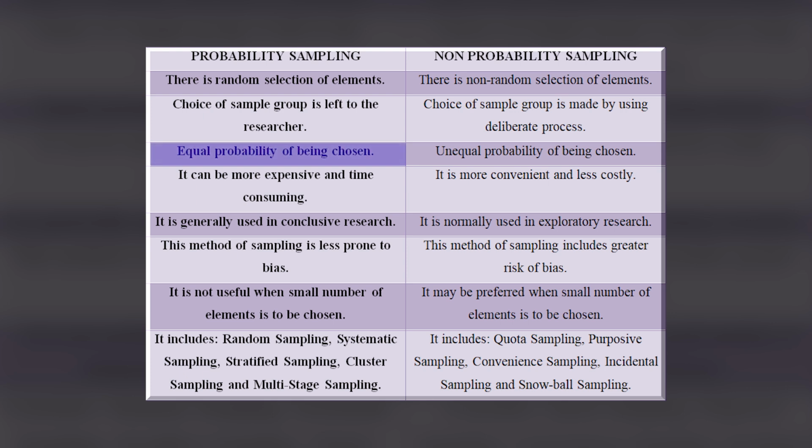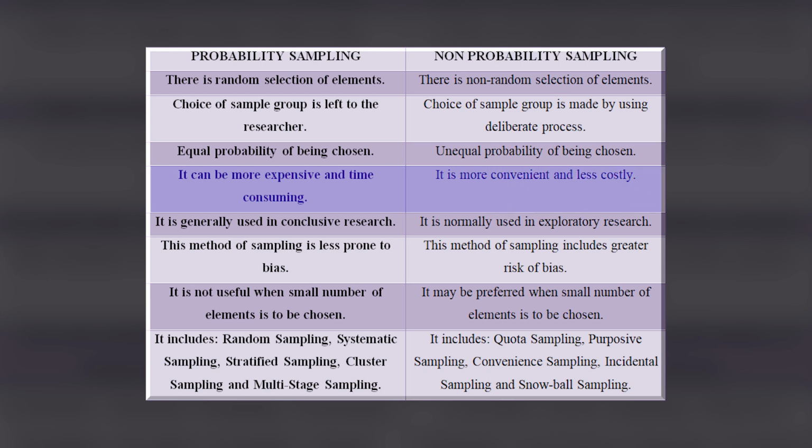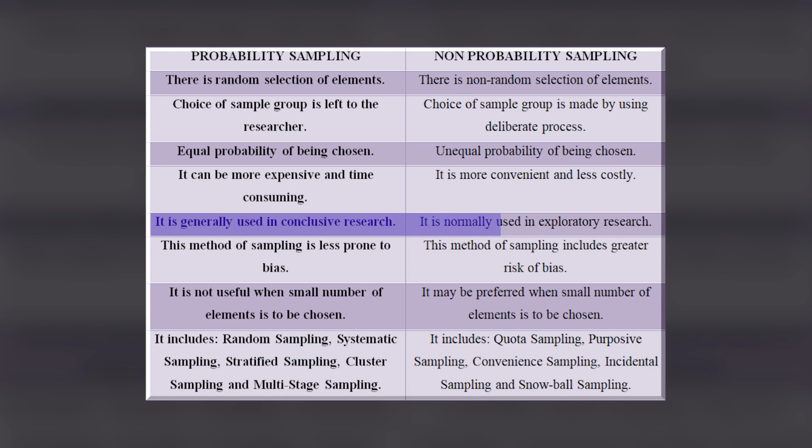In probability sampling, there is equal probability of being chosen, whereas in the other there is unequal probability of being chosen. Probability sampling can be more expensive and time consuming, and on the other side, non-probability sampling is more convenient and less costly. Probability sampling is generally used in conclusive research, and the other one, non-probability sampling, is used in exploratory research.